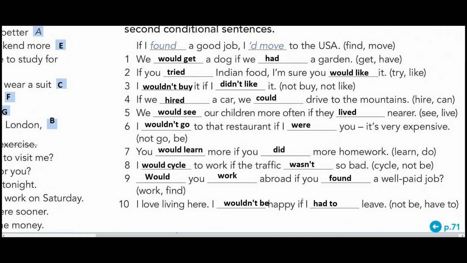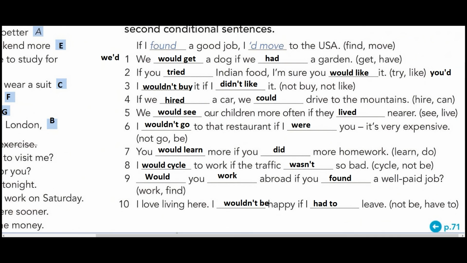Again, in if clauses, after if we use the past simple and the second half of the sentence with would, wouldn't plus infinitive. Or we can use a contraction. For example, instead of we would get, we can write or say we'd. Next is you'd.